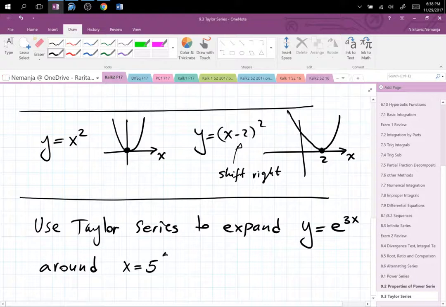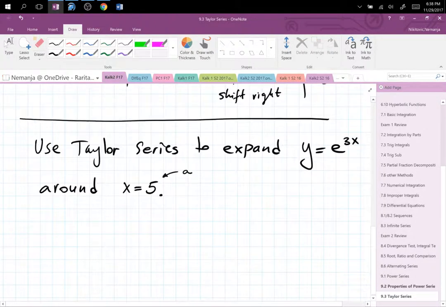Now this 5 is the a. I said x equals 5 rather than a equals 5 because this is x equals a. A is that number on the x-axis, so that's where we are going to expand.